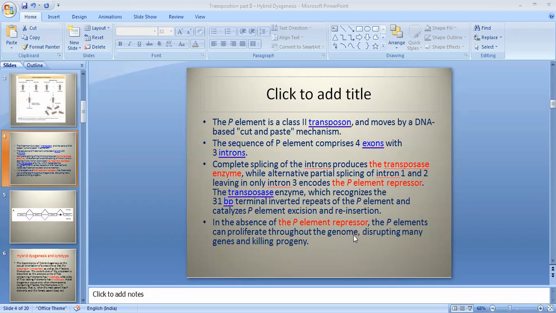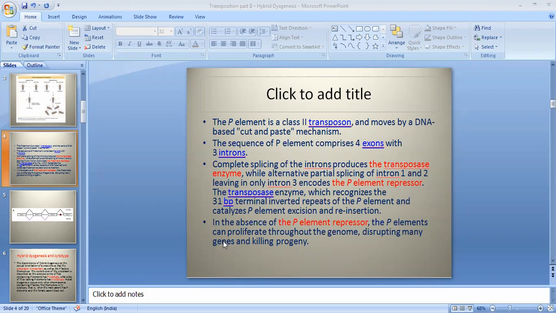But the problem is this insertion causes disruption of genes. It may insert arbitrarily, and in some cases it can insert itself within a gene, and then it disrupts the gene, and therefore the gene gets inactivated.